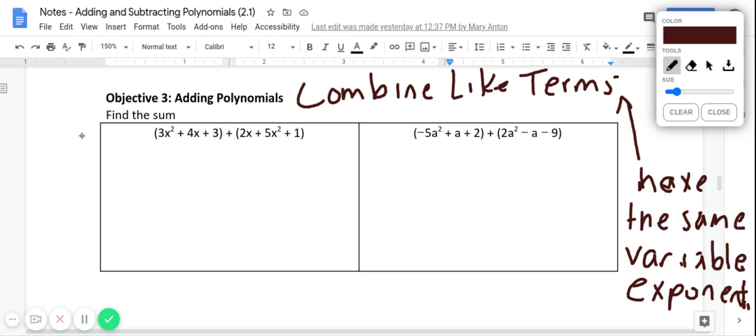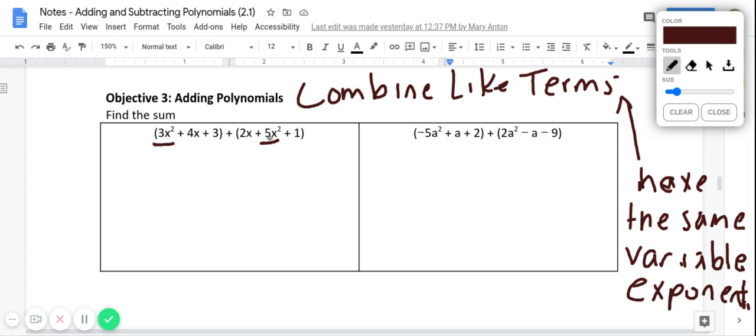For example, we're just adding these both. So we really don't need to pay much attention to these parentheses. Only when we're subtracting or multiplying do we need to use these parentheses. But okay, you see we have these x squared terms right here and right here. We can combine those. So remember that if you have 3 times x squared, this means we have 3 groups of x squared.